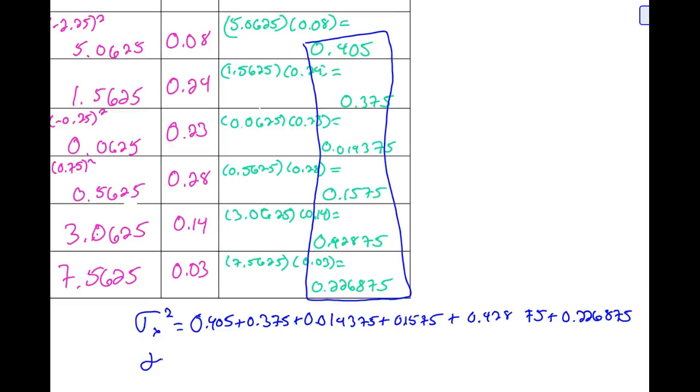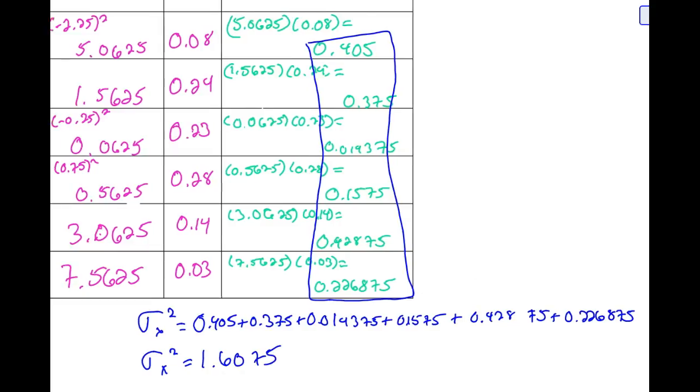I'm going to add those up, and sigma sub x squared is equal to 1.6075.